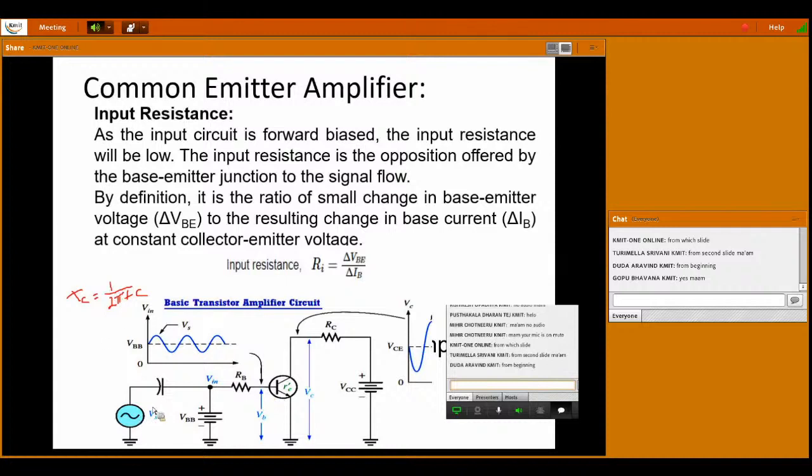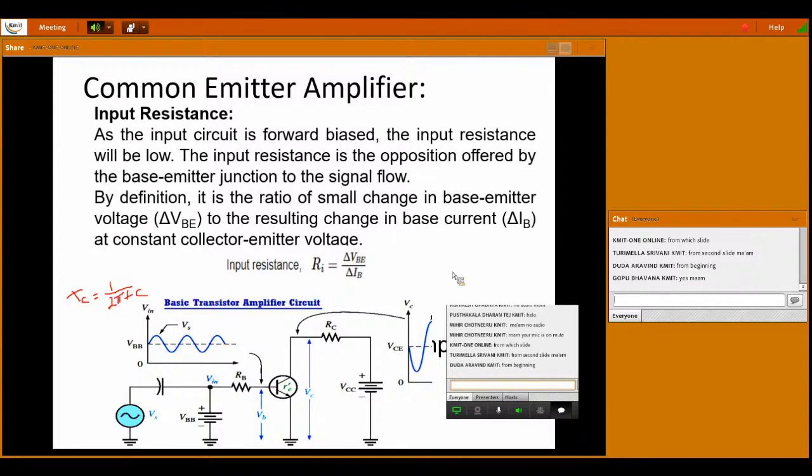Since that, we couple your input source through a coupling capacitor, and we also collect the output by connecting a coupling capacitor at the output terminal of your transistor. Hence, here we require coupling capacitors to connect the input as well as to collect the output.